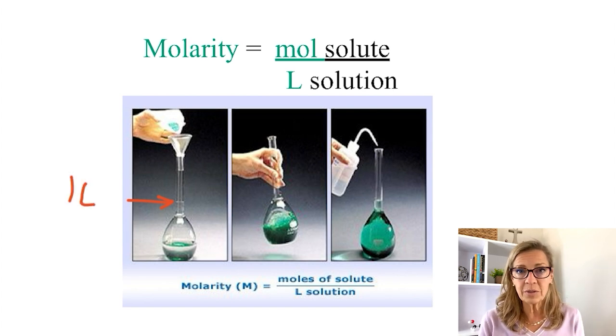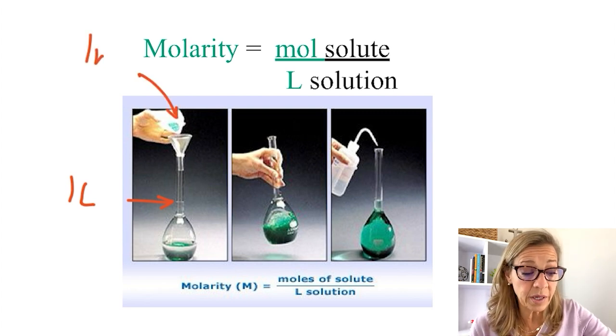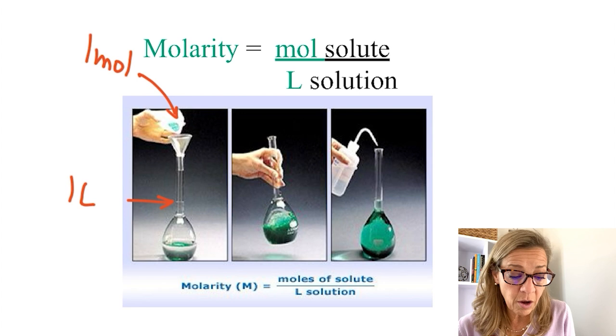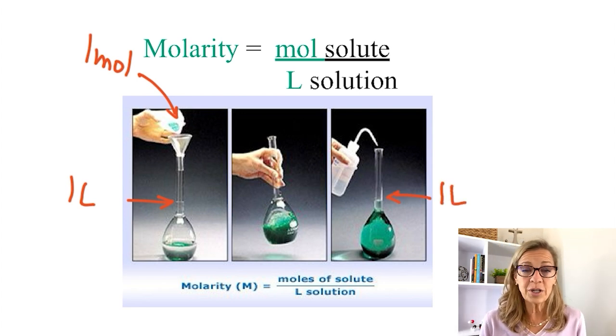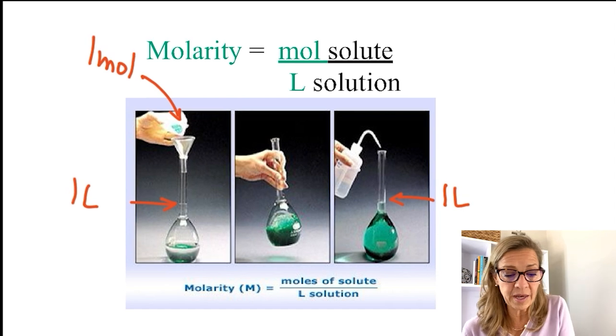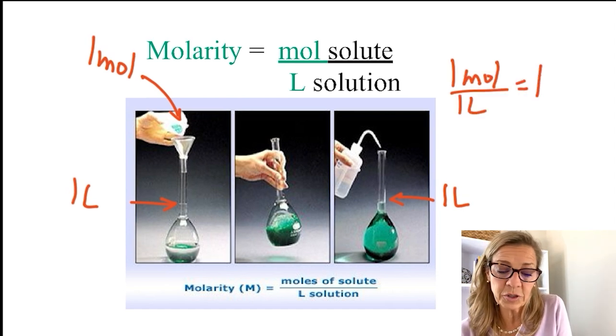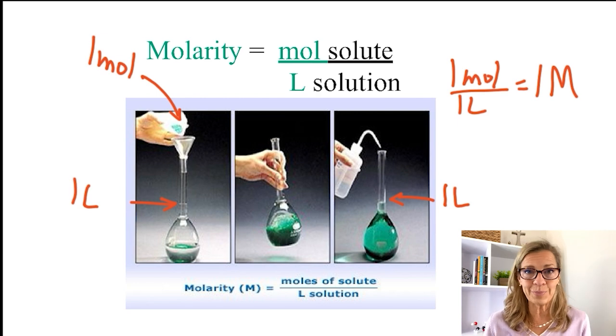And so what you would do is add a little bit of water to the flask, volumetric flask, and then if you added 1 mole of some solute, and you dissolved it, fill it all the way up to that 1 liter line, you would have a concentration of 1 molar. So that would be 1 mole in 1 liter of solution, and we would say that is 1 molar.